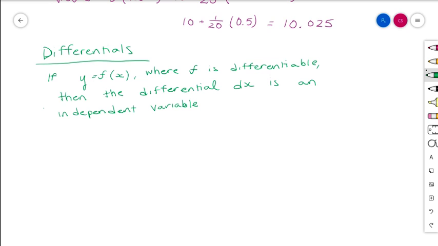So since it's an independent variable, this means it can be given any real number value.